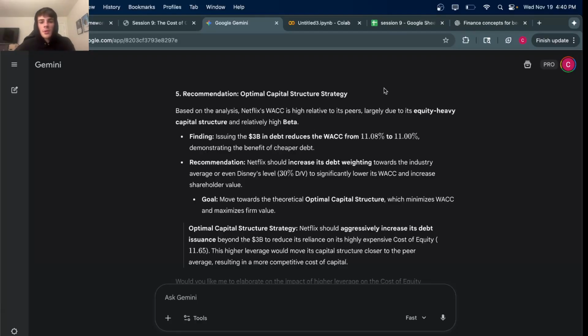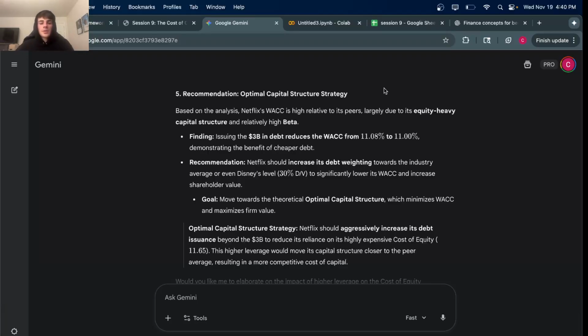Issuing the $3 billion in debt reduces the WACC from about 11.21% to 11.12%, demonstrating the benefit of cheaper debt. So the recommendation that I have is Netflix should increase its debt weighting towards the industry average, or even Disney's level, 30% debt to value, to significantly lower its weighted average cost of capital and increase shareholder value.